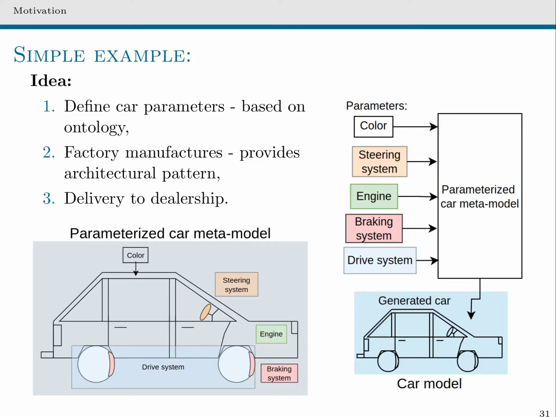We can look at the picture on the left side here as a parameterized car meta model, which is parameterized by different parameters. When we specify those parameters, we obtain a model of the car. Then this model can be utilized for generation of the real car or verification of some properties of the system.